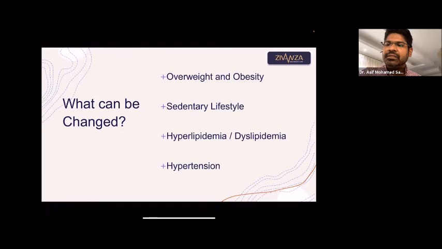A sedentary lifestyle is not natural for us human beings, despite the lifestyle that we live. Increasing the amount of activity in your life will change things drastically. And by changing the first two things I mentioned earlier, you will subsequently act upon the last two. That is, it will reduce the hyperlipidemia or dyslipidemia, the high lipid levels or abnormal lipid patterns in your blood, and the hypertension.